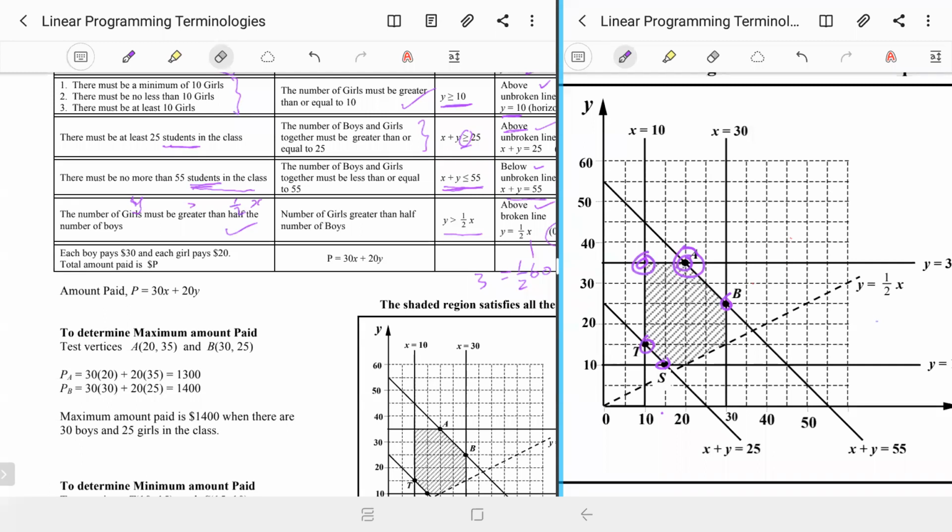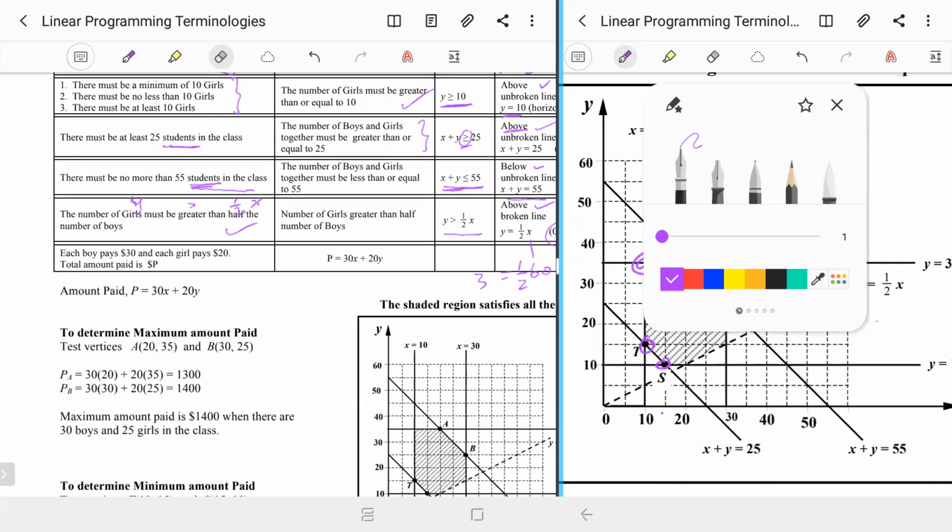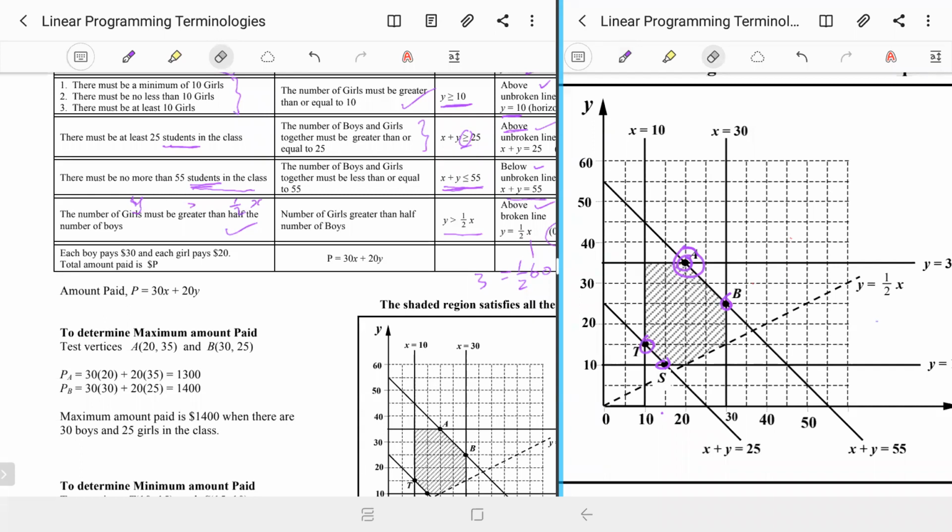So if you consider maximum, you don't need to consider this point, because A is already going to give you a higher profit, or a higher amount paid, than this point. Also, if you notice down here, the values for the number of boys and girls are low. You don't have to go there. So those are out when you want to calculate the maximum. So you're getting the maximum either at this point or at this point.